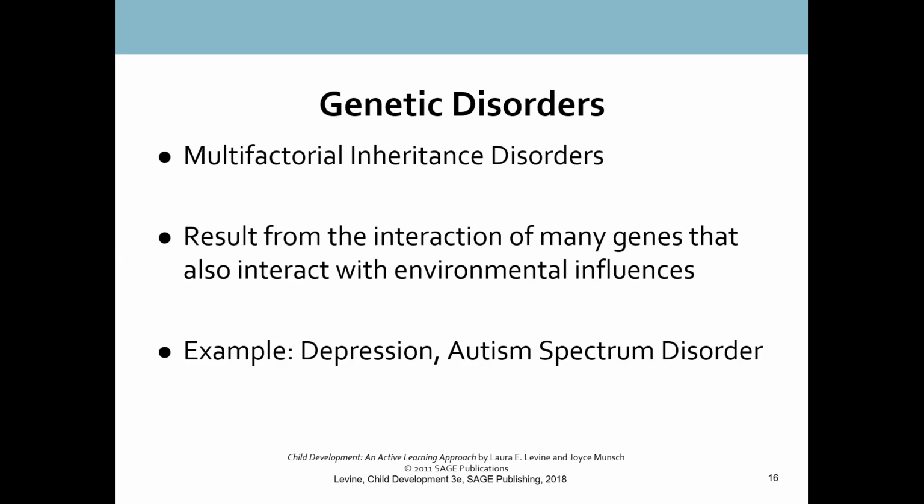Alcoholism or schizophrenia. No one is born an alcoholic, right? You may be born with a propensity towards alcoholism, or what's called a disposition, meaning that you're much more susceptible to become alcoholic. But as it says here, they interact with environmental influences.